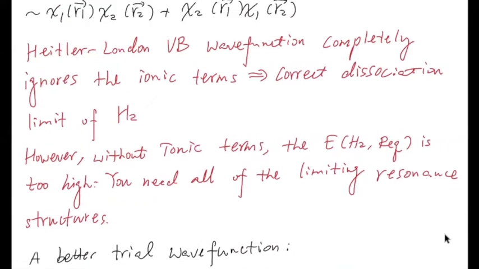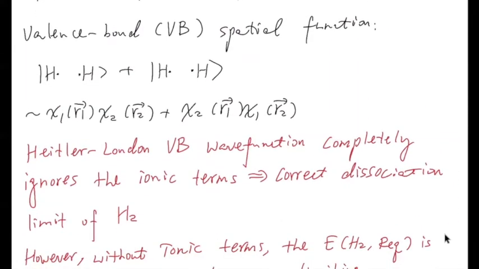What do we do here in the Heitler-London VB wave function is that, well, the first electron can be on atom A. It can also be on atom B. But if electron 1 is on atom A, then electron 2 must be on atom B. If electron 1 is on atom B, then electron 2 must be on atom A. Right?